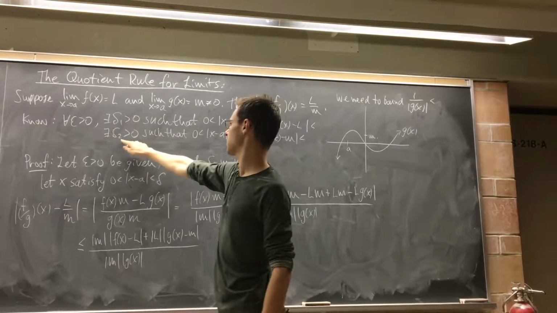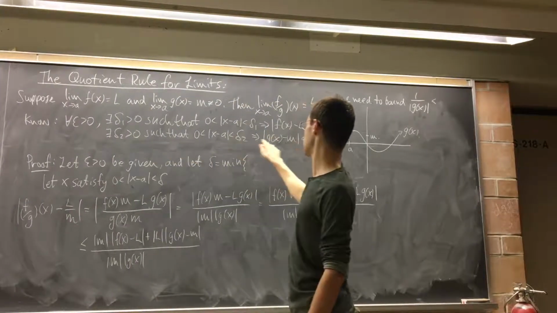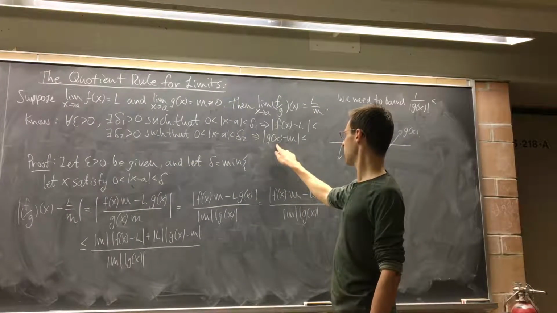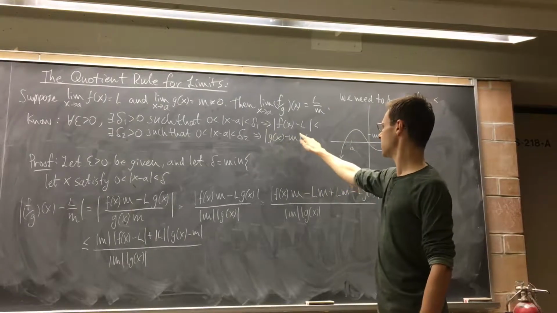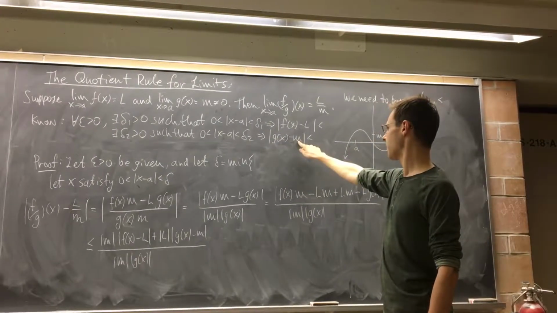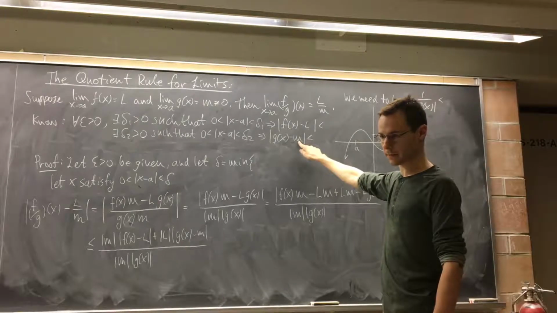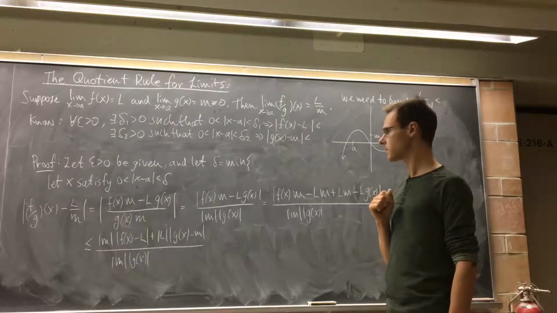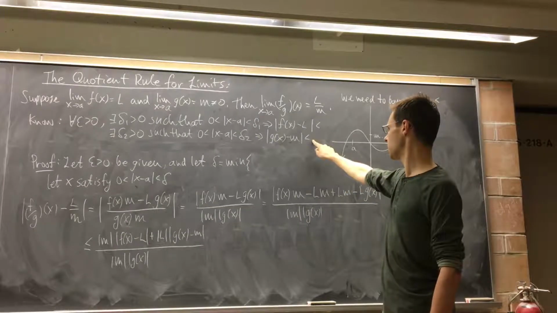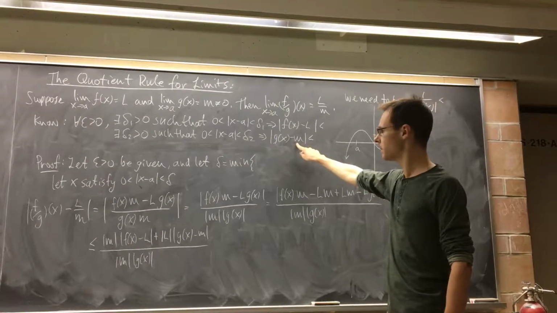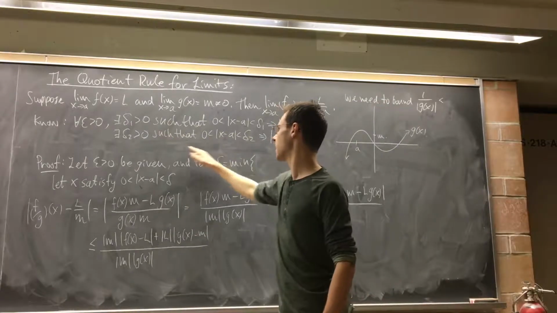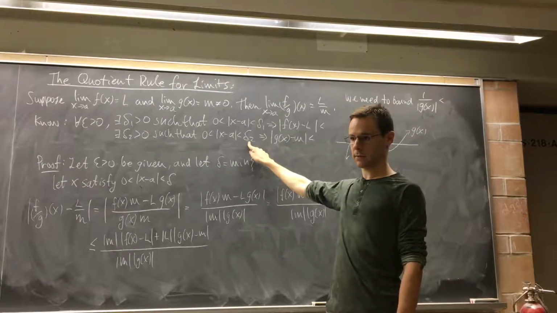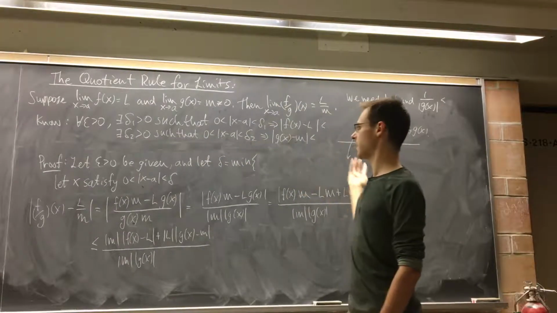So we know that there exists a delta 2 such that this implication here holds. And now as long as this quantity is not bigger than m, we're okay. So we could set epsilon equal to something like abs m over 2, and then we know from this line that there exists a delta 3, a different delta, which makes that happen.